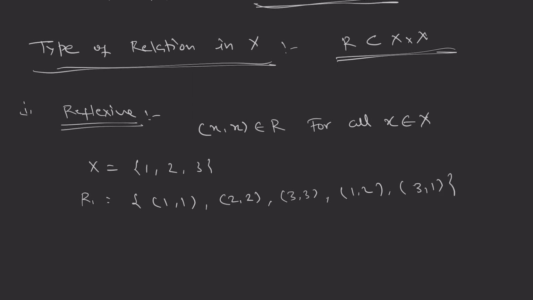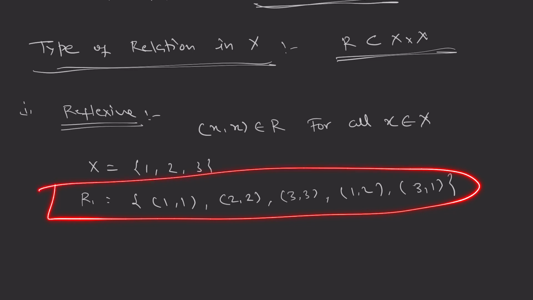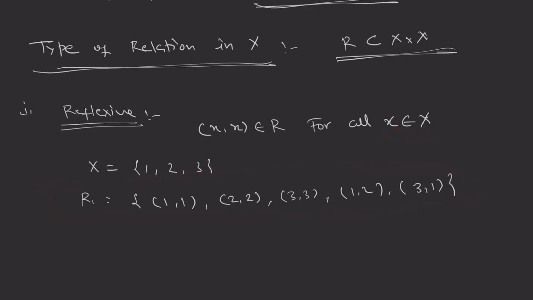Now you can confirm whether (x, x) is there in R1 for all x. What are the x's here? 1, 2 and 3. So (1,1) should be in R1, (2,2) should be in R1, and (3,3) should be in R1. All three are there, so this relation is reflexive.